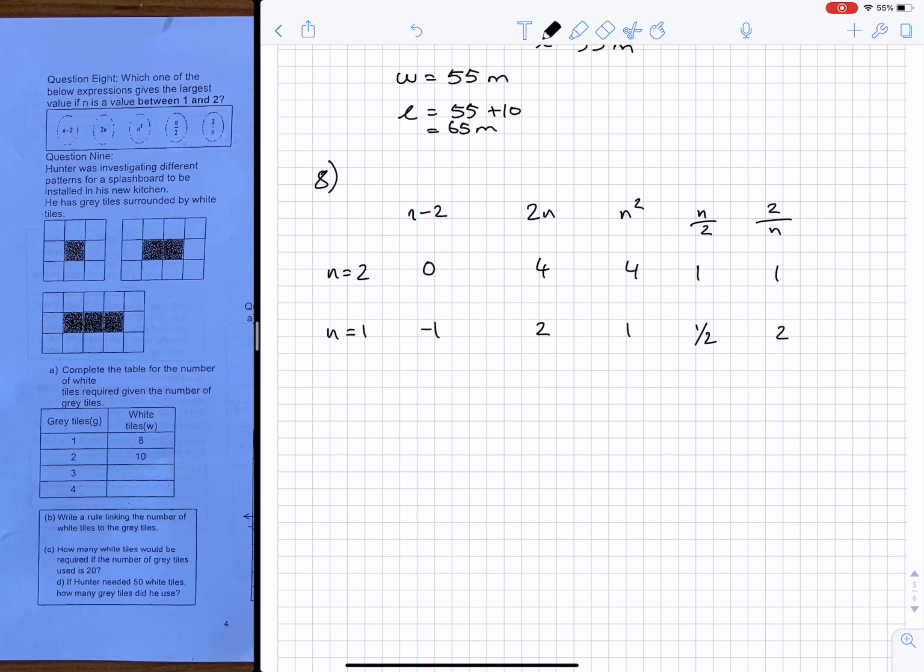Now, assuming n equals 1.5, you've got negative 0.5, so 2 times 1.5, you've got 3, 1.5 squared is 2.25, 1.5 divided by 2 is 0.75, and 2 divided by 1.5 is 1.33 recurring.